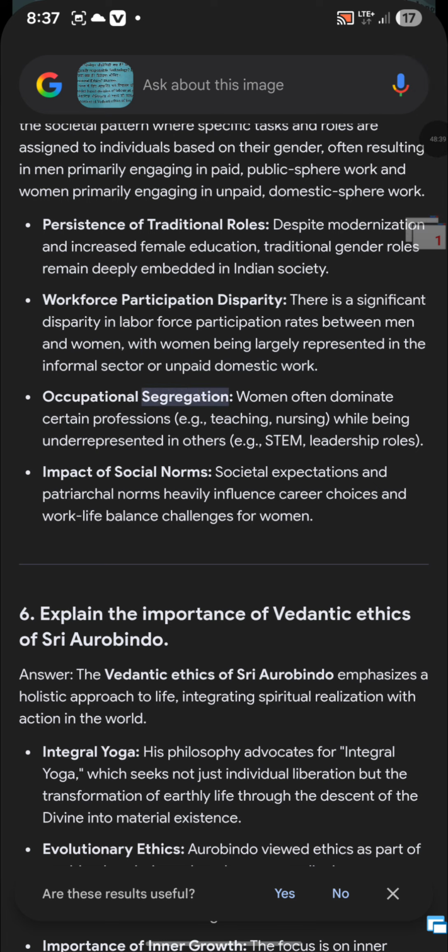Occupational segregation. Women often dominate certain professions, e.g., teaching, nursing, while being underrepresented in others, e.g., STEM, leadership roles. And 4. Impact of social norms. Societal expectations and patriarchal norms heavily influence career choices and work-life balance challenges for women.